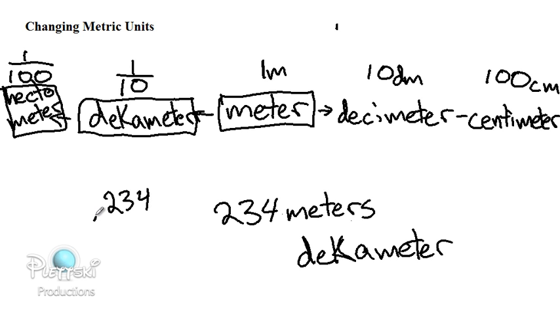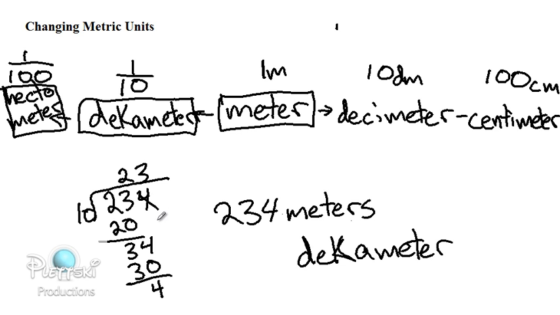234 divided by 10. Well, 10 goes into 23 2 times, and that would be 20. And it goes into 34 3 times. And then you're going to add a decimal and bring it up to the quotient. And then add a 0 and bring it down here. And 10 goes into 40 4 times.